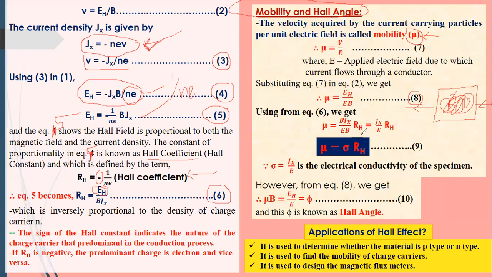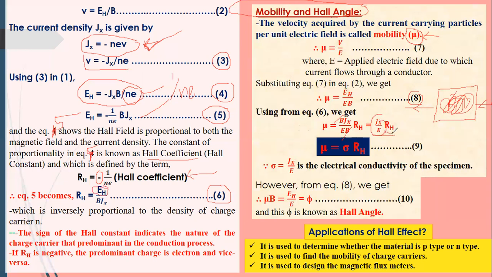Here B gets cancelled, that is the magnetic induction gets cancelled, so we get JX upon E times RH, and therefore mu is equal to sigma RH, because sigma is nothing but the current density upon the applied electric field due to which current flows through a conductor.